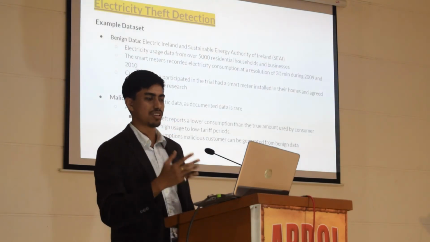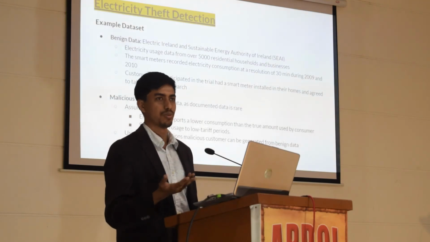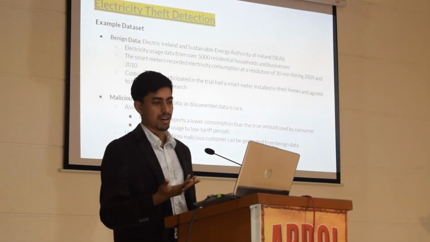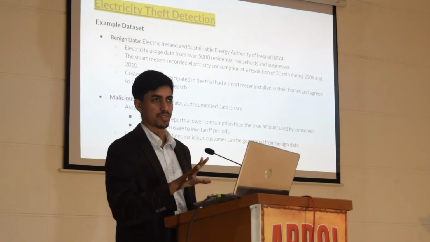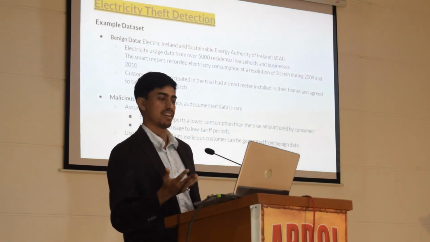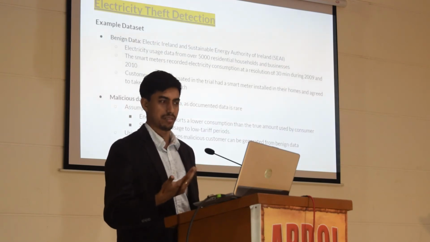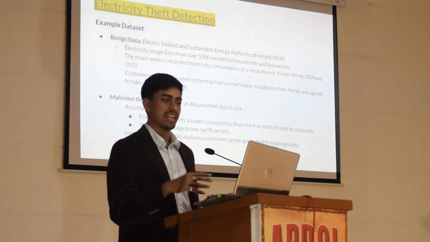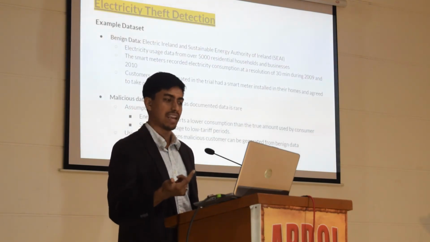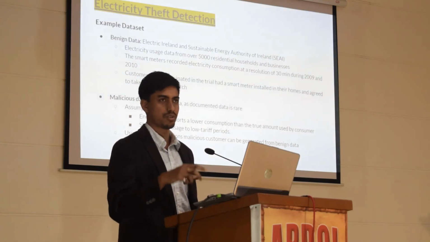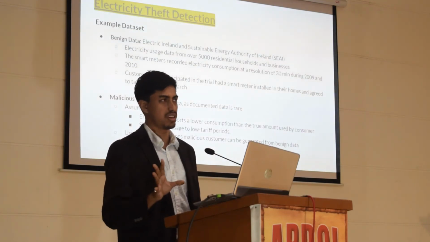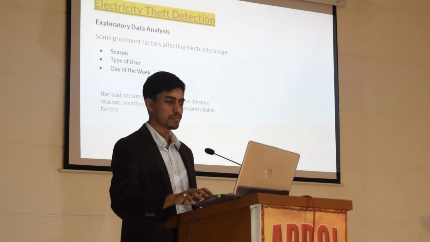So what they did is synthetically create some data with patterns of a kind of theft. In this case, again, they're using a supervised approach, because they have the data and they have labels, whether it is benign or malicious data. So they have two labels, and you can still use supervised machine learning algorithms to solve this problem.